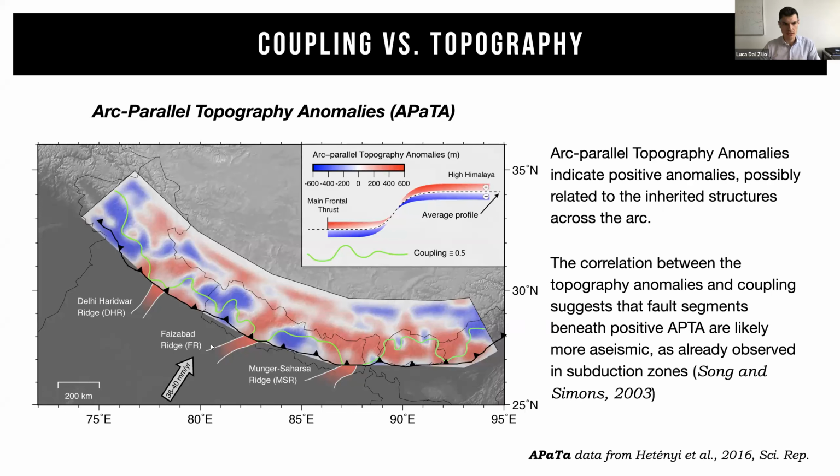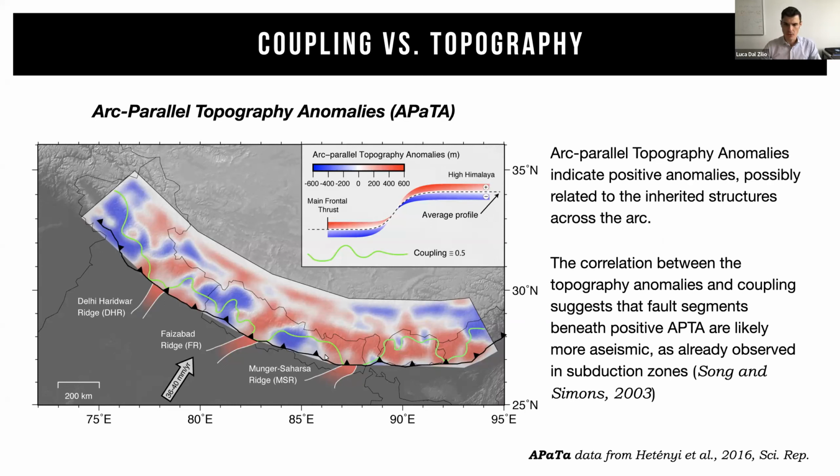You have to imagine that you take all the profiles across the arc, obtain the average profile, and then compare it spatially with the topography. What you get are regions where the topography is higher than average or lower than average.